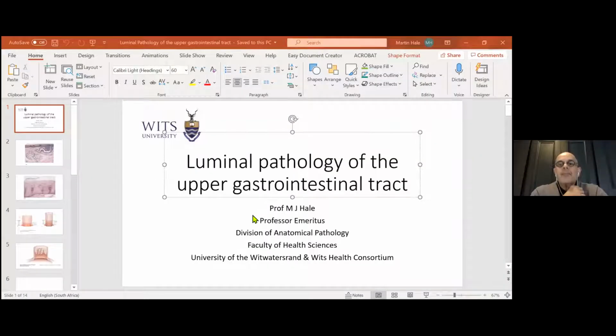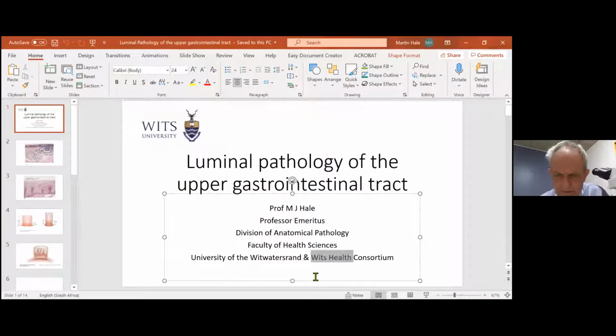So I'm going to start off just by sharing a little bit of the histopathology with you. Can everybody see that screen? Yeah. So I was just, as you said, technology.